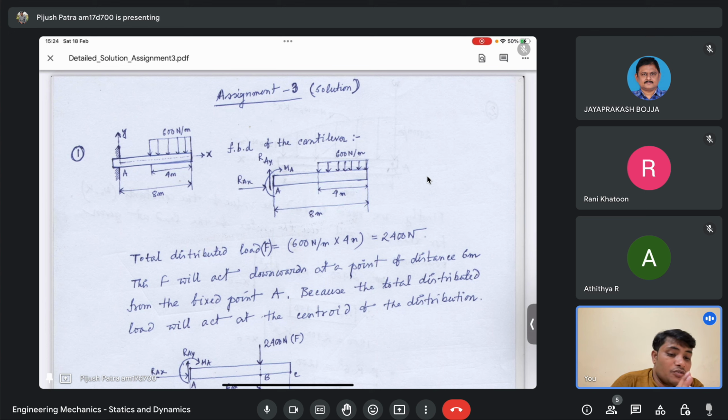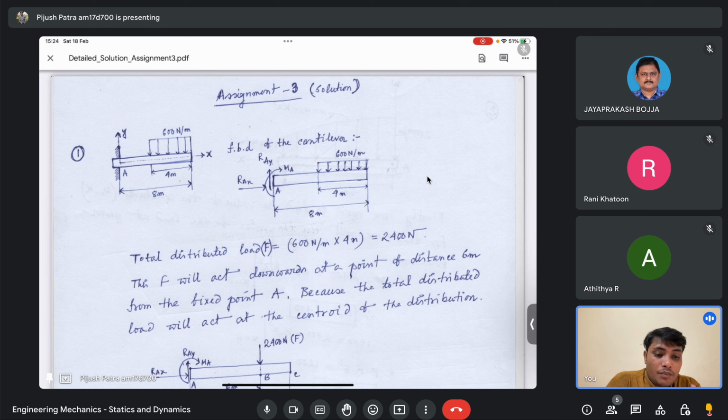So the things which you need to remember is that for a pin support, you have two kinds of reaction force. The pin support has no reaction moment, that you need to remember, okay.